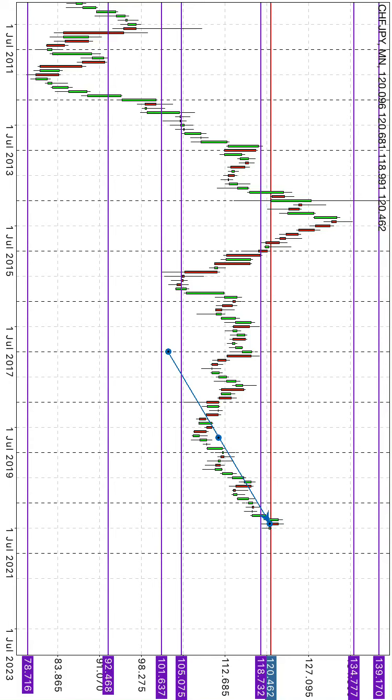As I said before, there are many ways that you can use to trade support and resistance. The way that I prefer when trading support and resistance is to trade the breakout and retest.